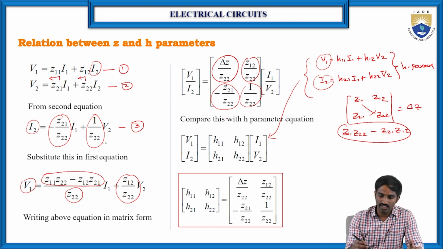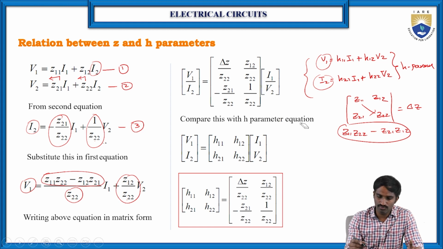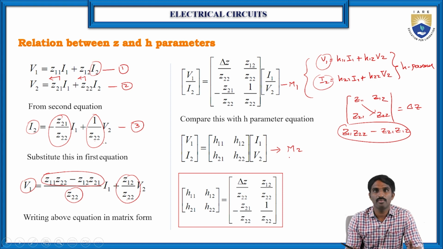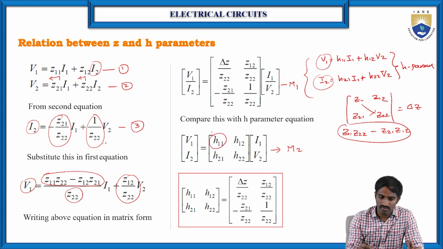Then compare these two equations, these two matrices. Let us call this one M1 and this M2. If you compare M1 and M2, in place of H11 what is there here? This one. In place of H12, this.